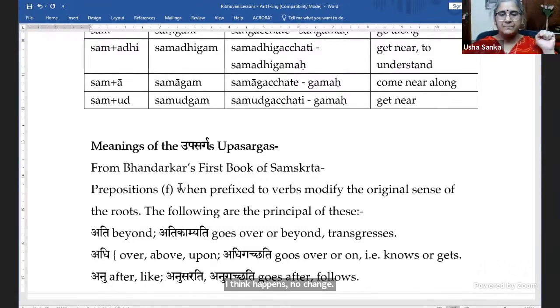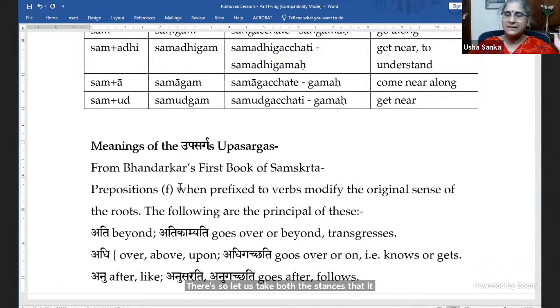These 3 things happen. But then we had discussed: does the upasarga contain that newness? Who contains the newness, the dhatu or the upasarga? The grammarian's answer is that the dhatu has it. But technically we cannot accept that. That's why let us take both stances, that it happens because of upasarga.